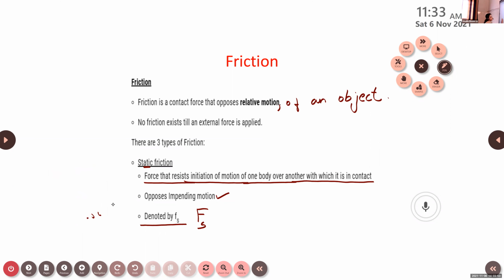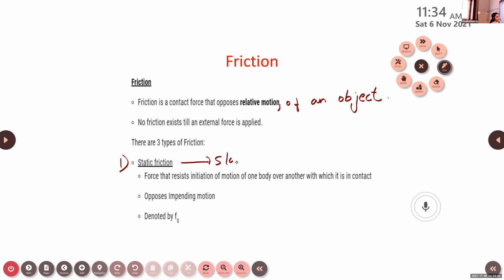So here we have different types of friction. The first one is static friction. As its name implies, static means a stationary state, or a state of rest. It is a force of friction which arises when one object rests on the surface of another object. It is denoted by the letter Fs.